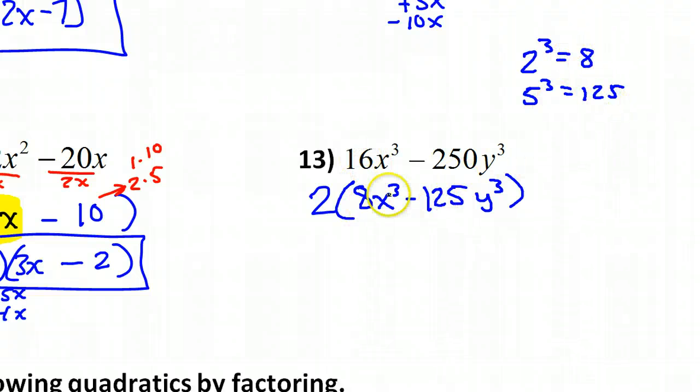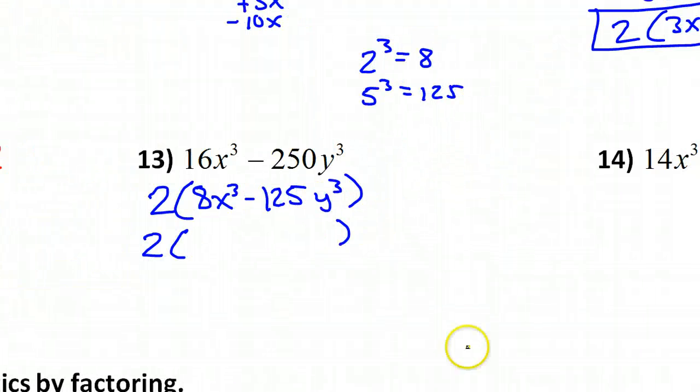Then you have to just remember the pattern. If you have the sum or difference of two perfect cubes, and both of these variables have to be cubed if they're there, it's always going to factor as a binomial times a trinomial. Okay, a 2-piece and a 3-piece.